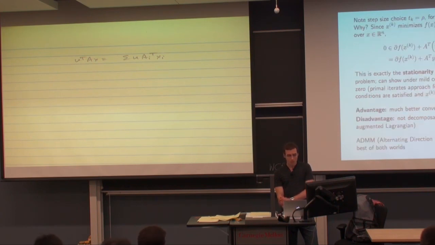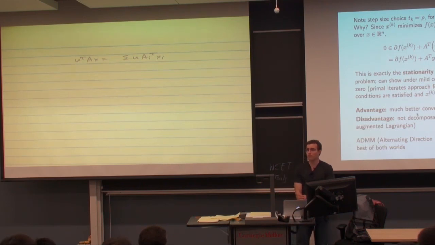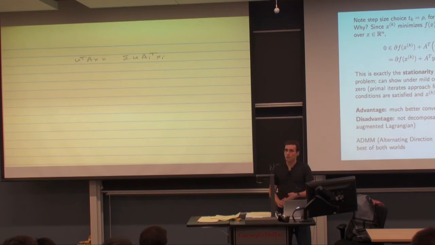The advantage is that we get much better convergence properties. For reasons beyond what we've learned so far, we can say that this converges a lot faster in a lot more situations than the standard dual gradient method.